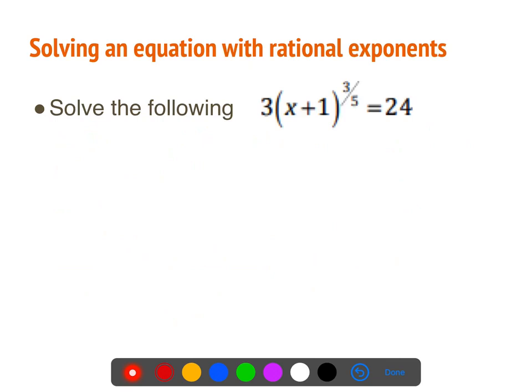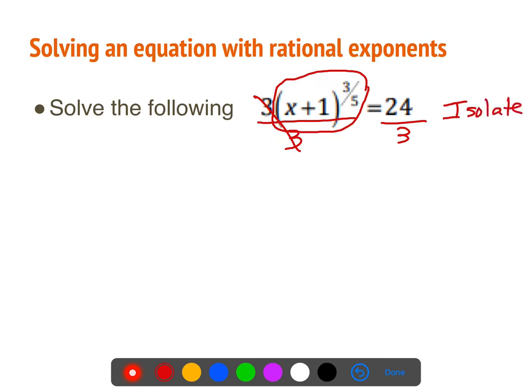So our first example, we have 3 times (x plus 1) to the 3/5 equals 24. So remember when we first started doing any equation solving, I said you always look for the weird stuff. That's what you're isolating. Well, I'm going to say this is the weird stuff, the stuff with the 3/5 exponent.